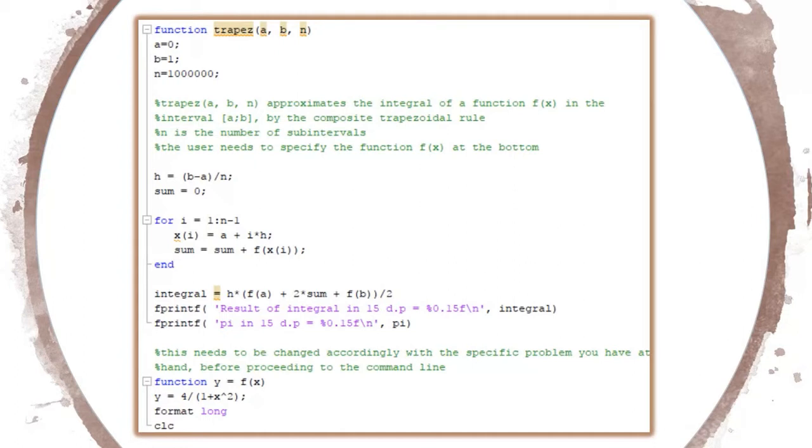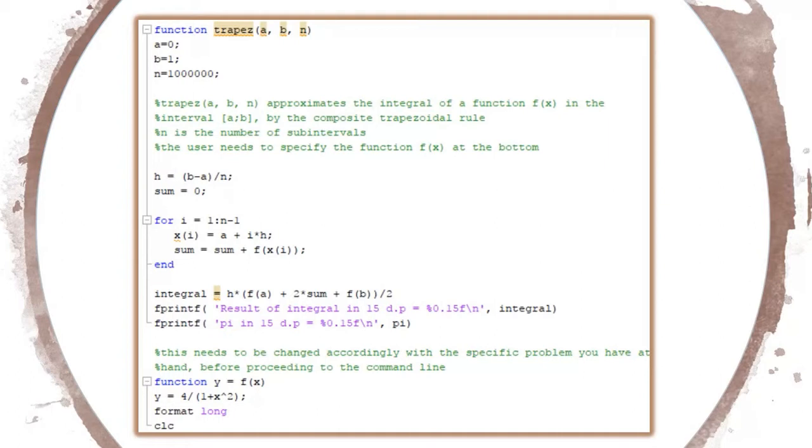As our question required us to put the 5, 10, and 15 decimal places for the pi answer nearest to pi, therefore fprintf is being used. We also use the %0.15f to show the 15 decimal places, whereas %0.5f is for the 5 decimal places and %0.10f is for the 10 decimal places.